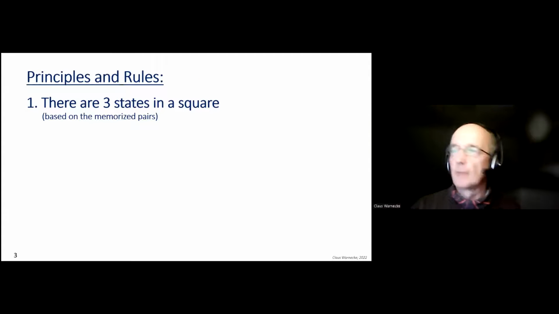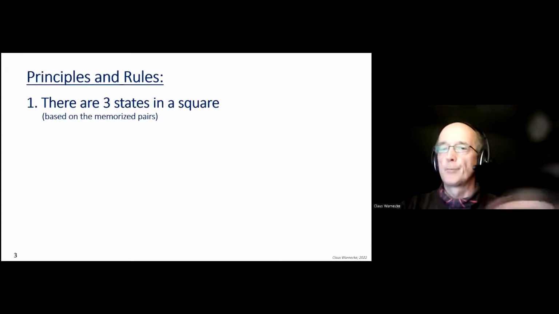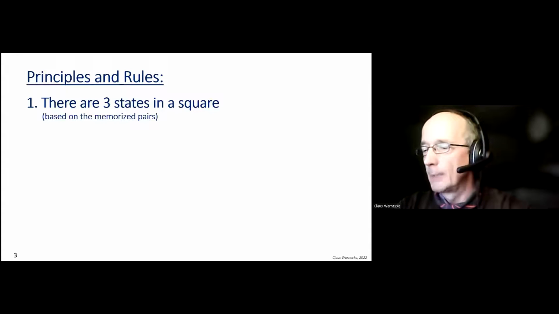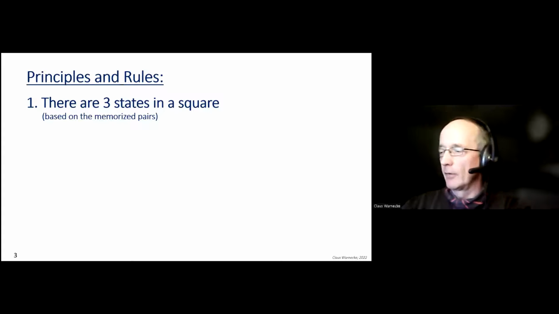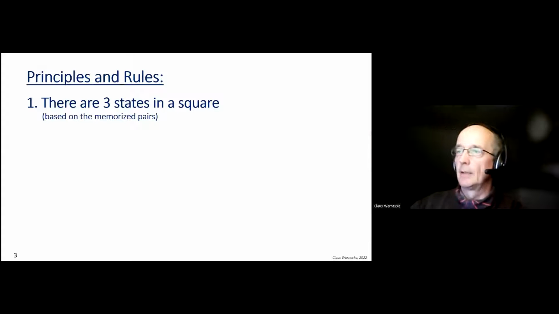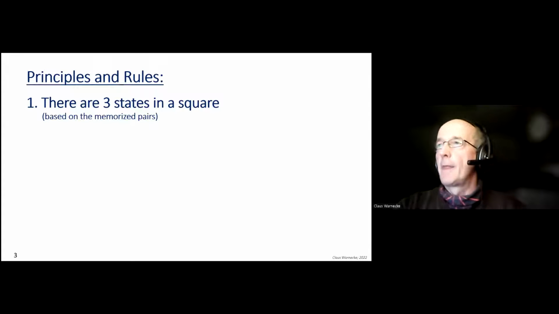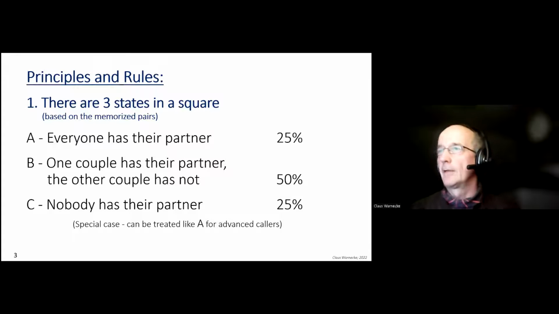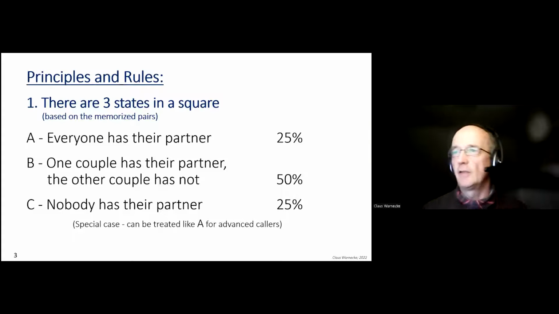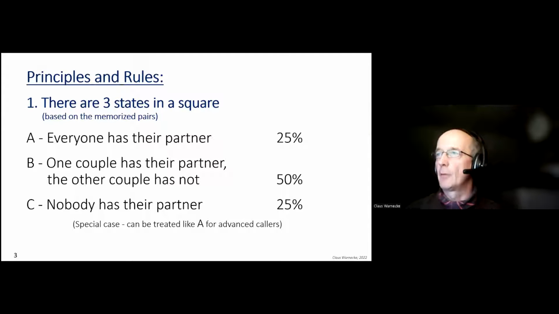Here is the summary of the last time. I have my own words for everything, so I find it's important to review these. There are 3 states in the square. I call them A, B, C. A is everyone has their partner.